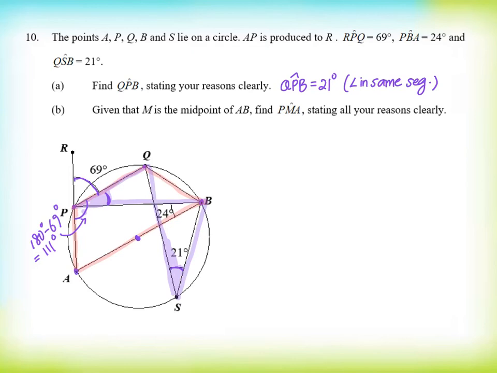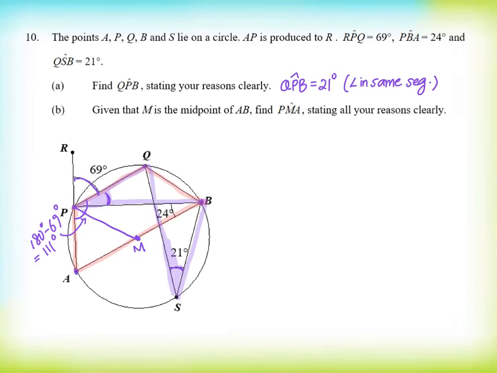Let's take a look. They want to find the angle PMA. Oh, it does look like we want to find angle at the center to be twice angle at the circumference. But in the first place, I do not know whether AB is the diameter, so I cannot assume.